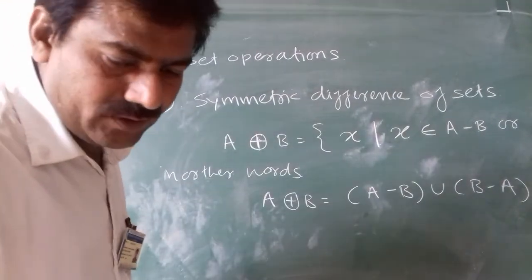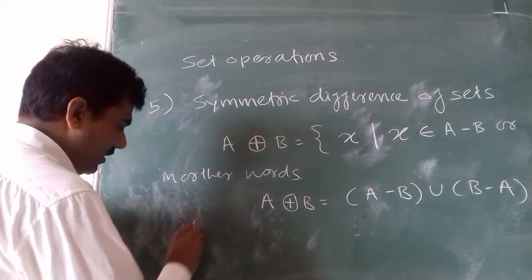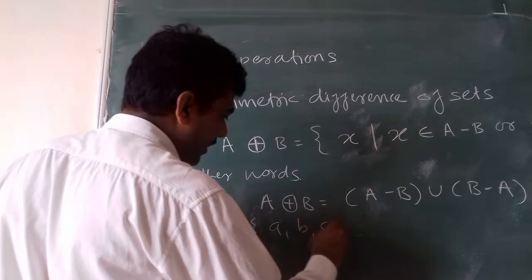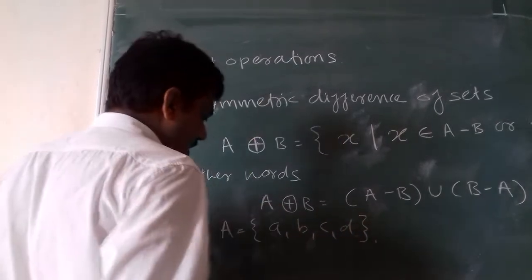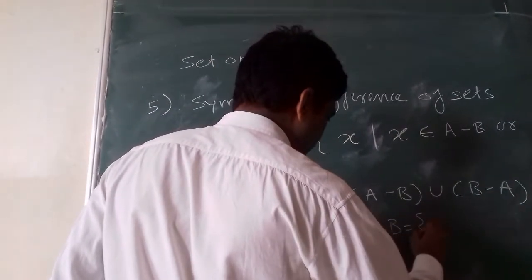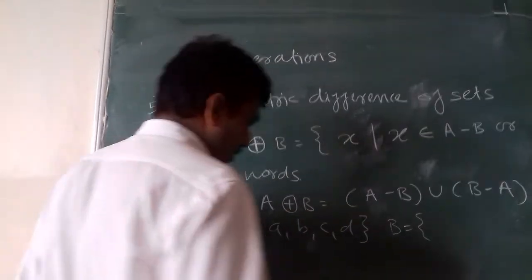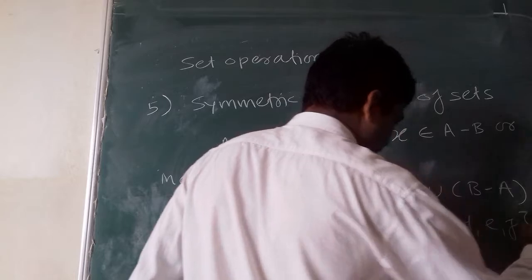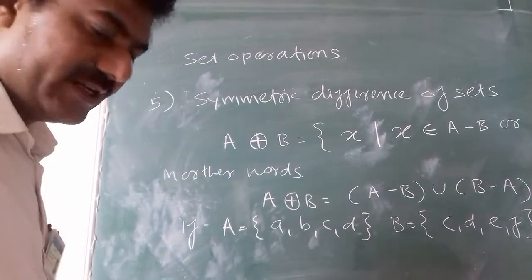We'll see an example. Let's say capital A is the set which contains a, b, c, d, and another set B is c, d, e, f. These are the two sets.